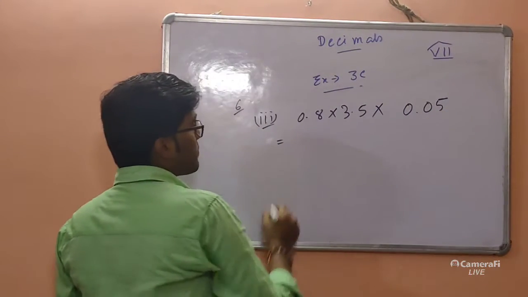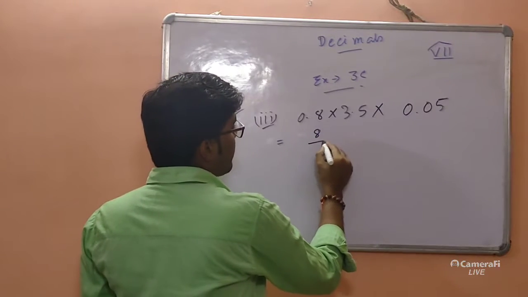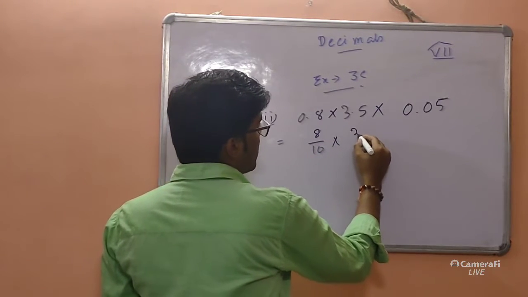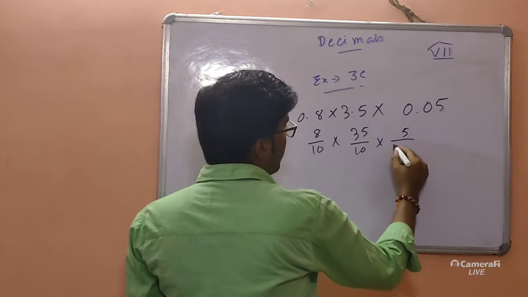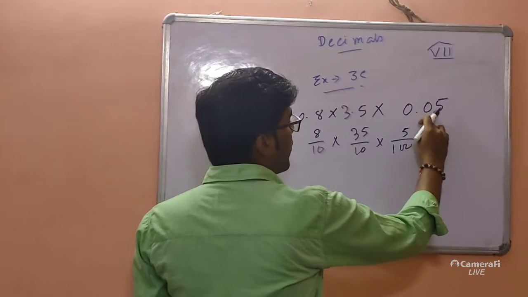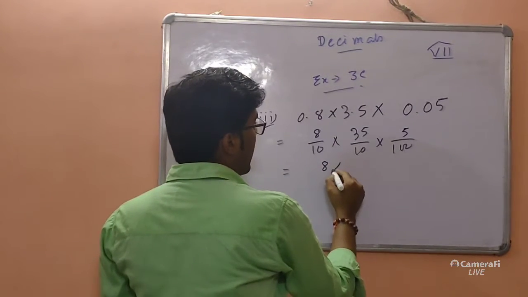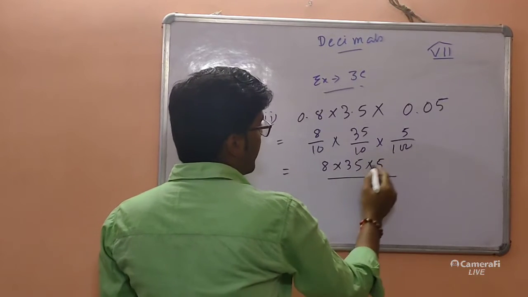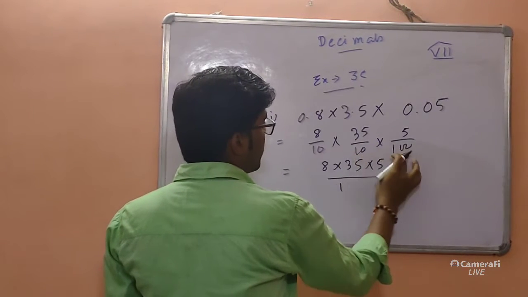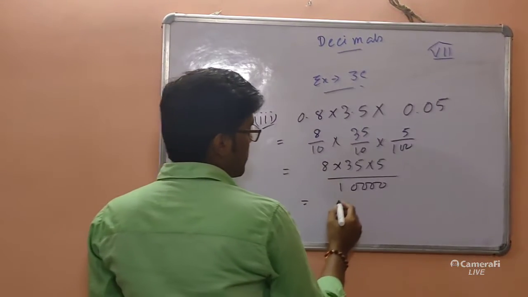Clear? So this becomes 8 by 10, this becomes 35 by 10, and this becomes 5 divided by 100. Why 100? Because after the point 2 decimal places are there, so 100. Now multiply the numerators, so 8 into 35 into 5, divided by, multiplying the denominators, how many zeros? 1 2 3 4, so after 1, 4 zeros. Multiply.